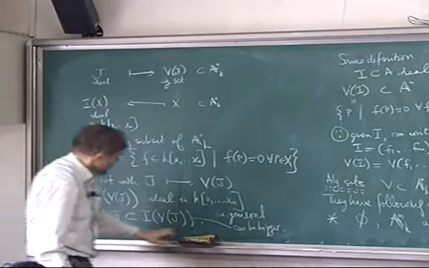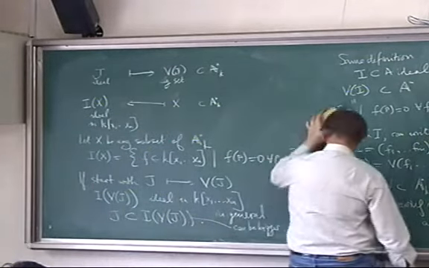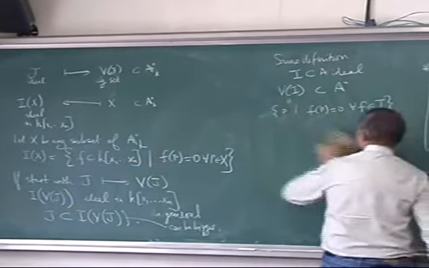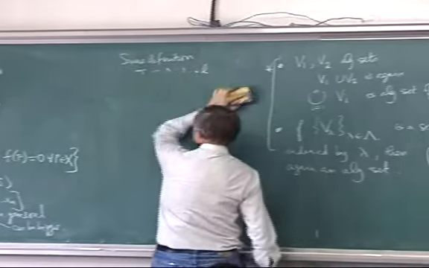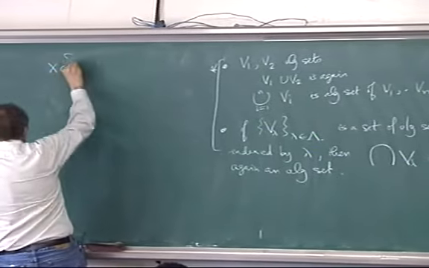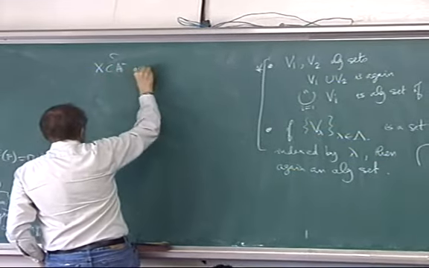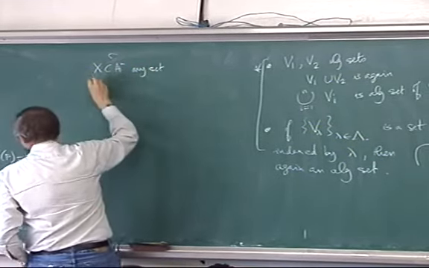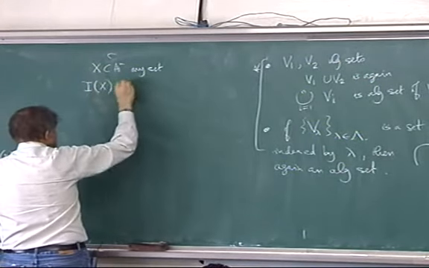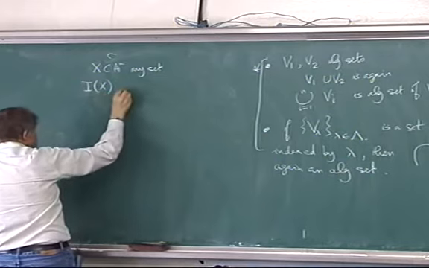I'm just going to say exactly the converse construction to this. So if I start with X in AN, any set, I get I of X. So this is the ideal.